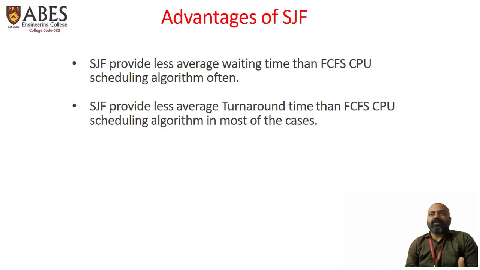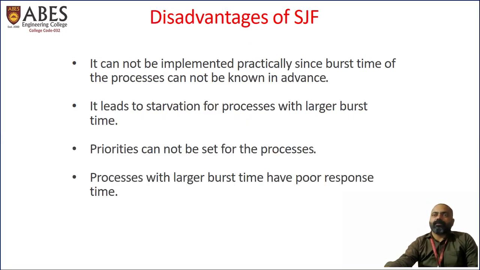Advantages of SJF: SJF often provides less average waiting time than the FCFS CPU scheduling algorithm, and SJF also provides less average turnaround time in comparison to FCFS. Disadvantages of SJF: practically it is very tough and most probably cannot be implemented because the burst times of the processes cannot be known in advance.